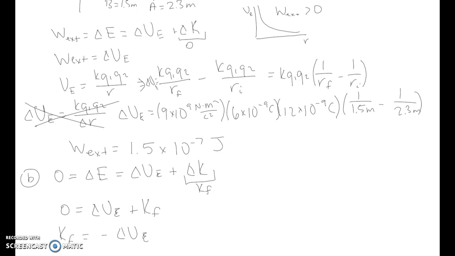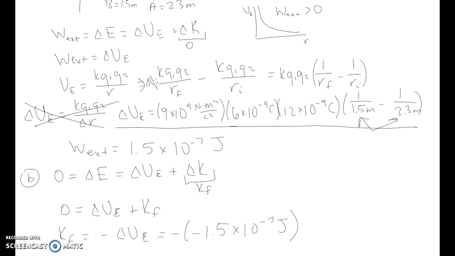So if we were to compute things from scratch using this expression, these two quantities switch locations. Then plugging things in, we have negative times negative 1.5 times 10 to the negative 7 joules, giving us just 1.5 times 10 to the negative 7 joules. So that's its kinetic energy at that location.